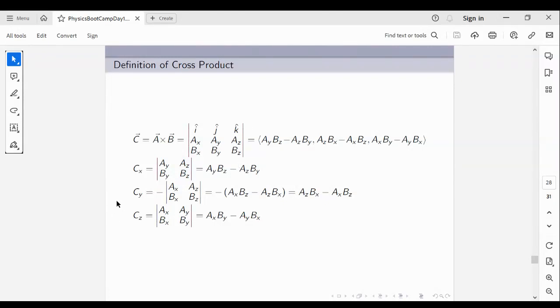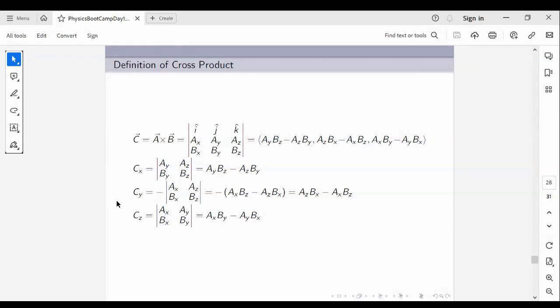Now CY, the Y component of C, which is A cross B in our problem, there's a trick you have to watch out for. It's not just the determinant, it's the negative of the determinant of striking out the top row and the second column. Second column is y is second.